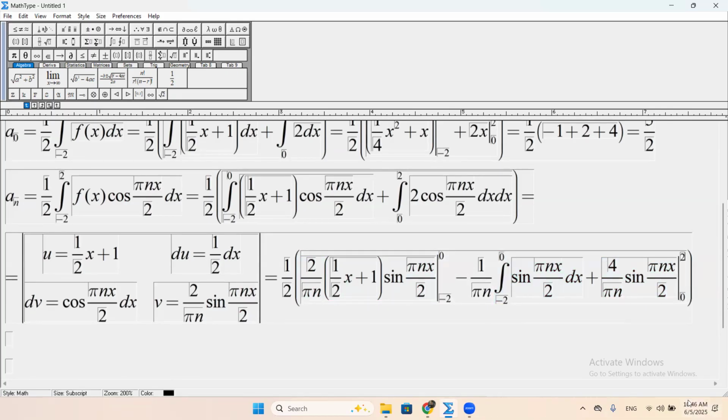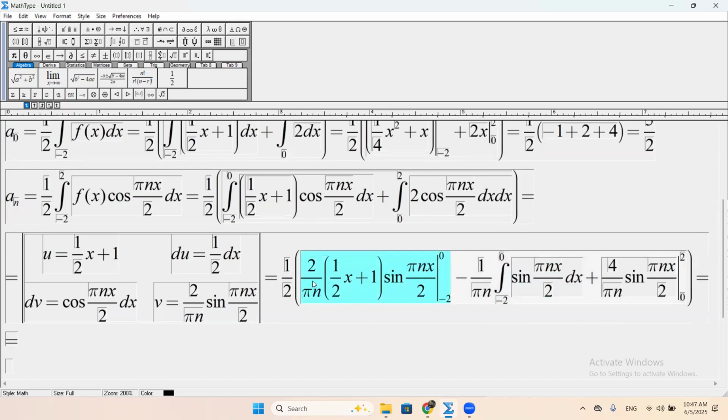And now let's see what we will receive. What can we simplify here? Because of sine, if I substitute 0, I will receive sine of 0. If I substitute minus 2, I will receive sine of minus pi n.